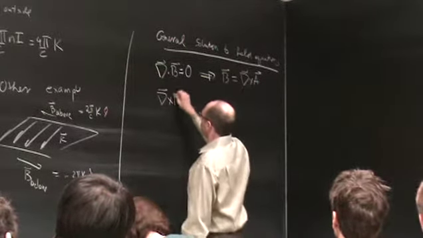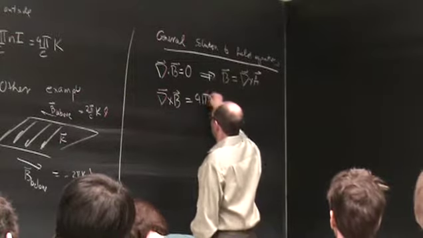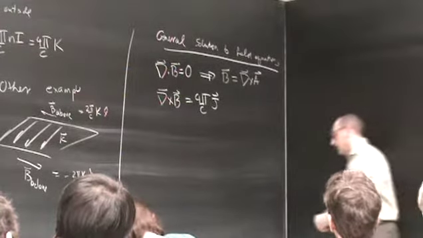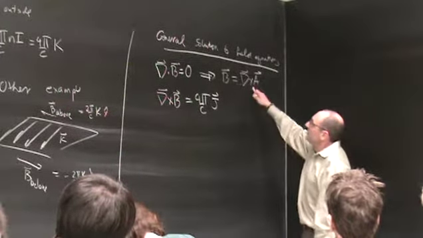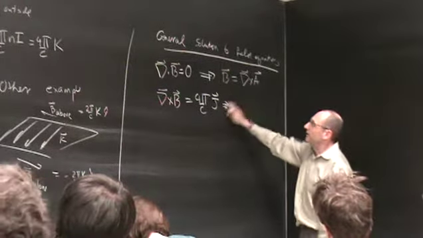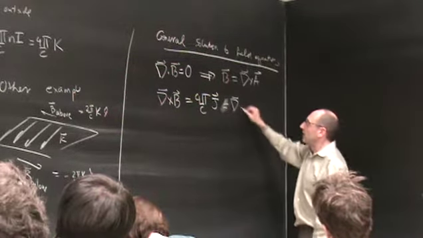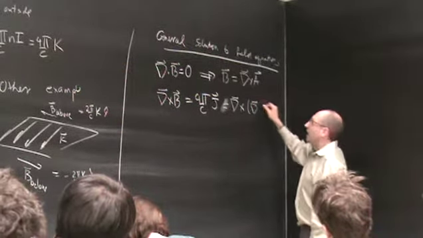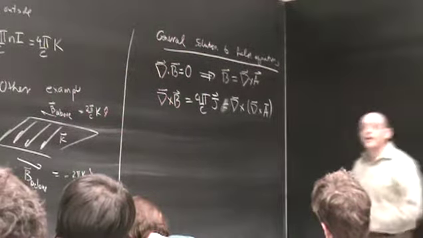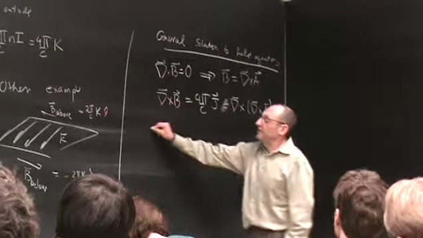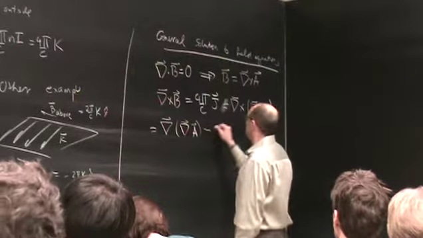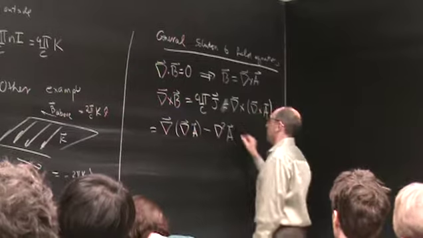And the curl of B is equal to 4 pi over c times J. So if we plug in the equation for the magnetic field in terms of the vector potential, this is equal to the curl of A, plugging in for B. And the curl of curl of A is everyone's favorite identity, the gradient of the divergence of A minus the Laplacian of A.